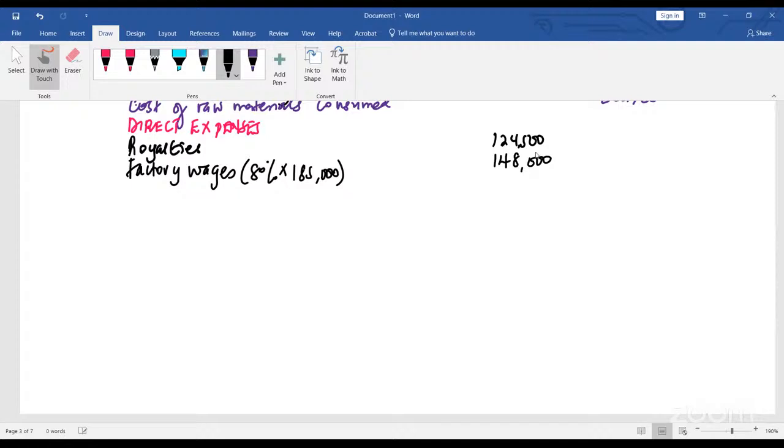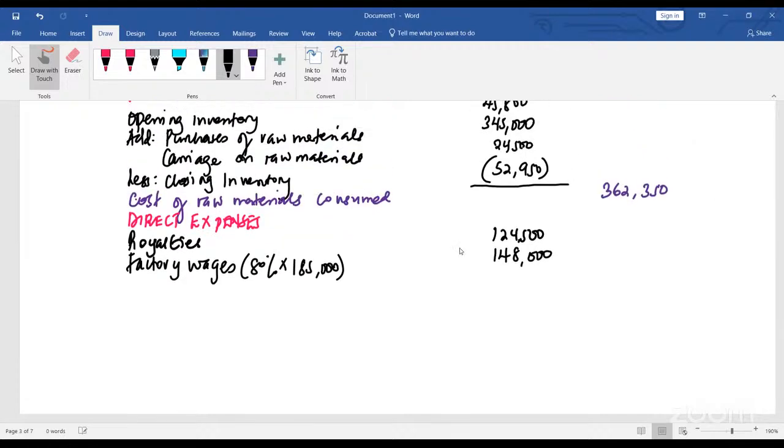Whenever it's time for class, get a calculator and a ruler. So these are the direct expenses which we have as per the question.